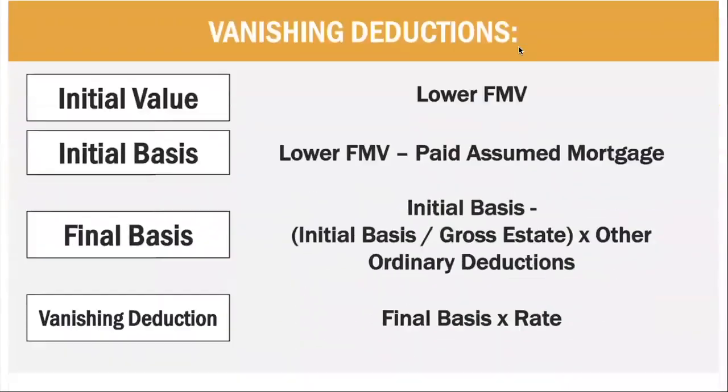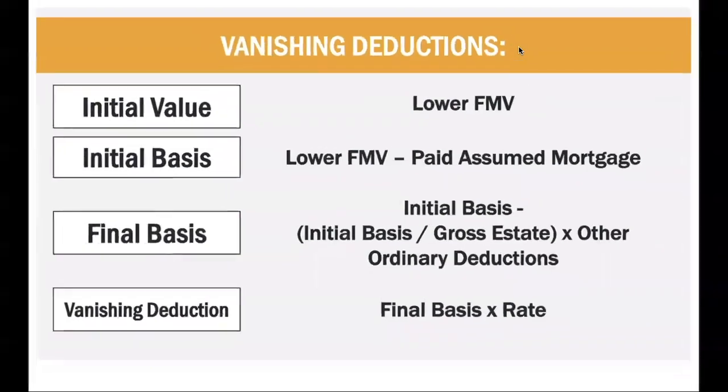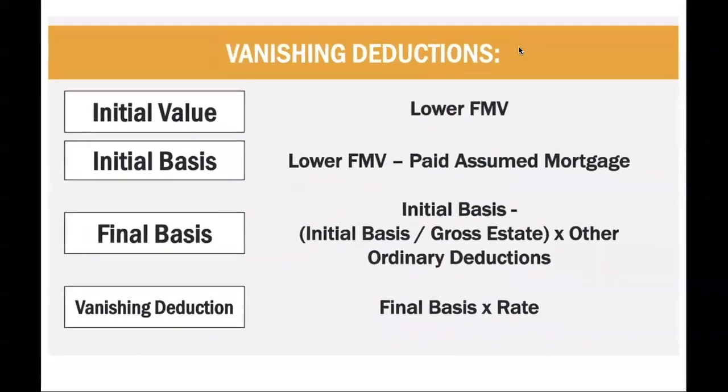So vanishing deductions. In a vanishing deduction, as I told you, there is a previous succession or donation. Okay? And then, subsequently, there is another succession. That's why it's called property previously taxed.